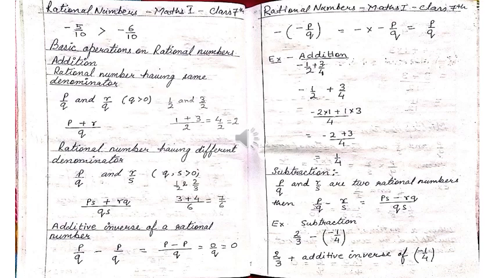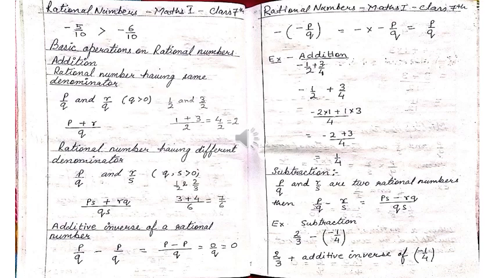Here in the table of 2, 6 comes 3 times, so 3 into 1 is 3, and here in the table of 3, 6 comes 2 times, so 2 into 2 is 4, so 3 plus 4 is 7, so 7 upon 6, or you can make it into a mixed form, 1 by 6. Clear?